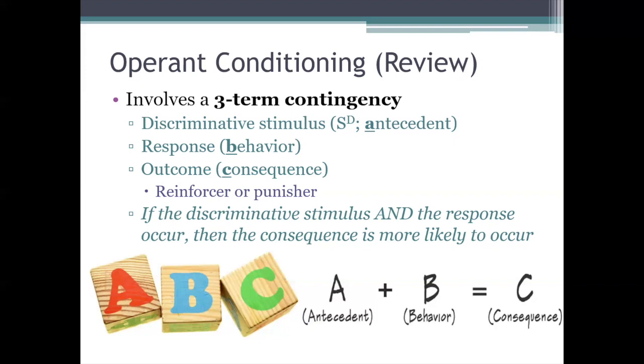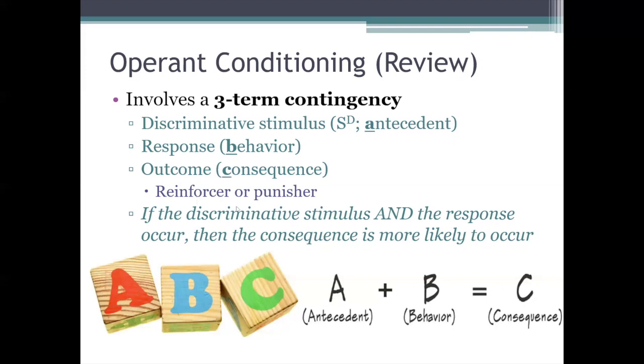So what we have in operant conditioning is a 3-term contingency, which I told you that you could think of as an ABC contingency. So the A stands for antecedent. That's the thing that comes first. That's the discriminative stimulus. The B stands for behavior. So that's the response. That's the thing that the animal has learned to do. And the C stands for consequence.